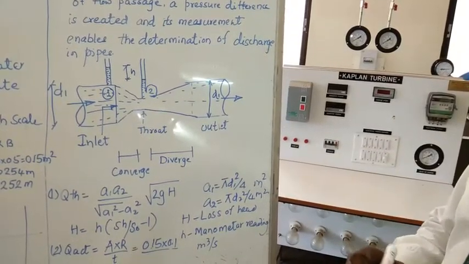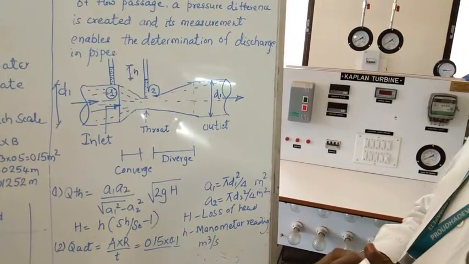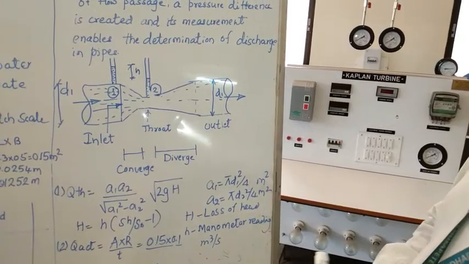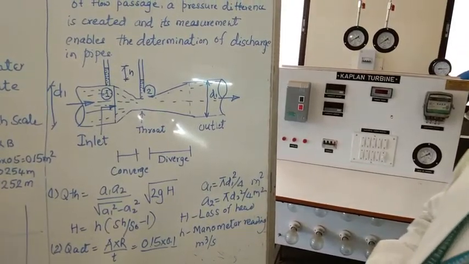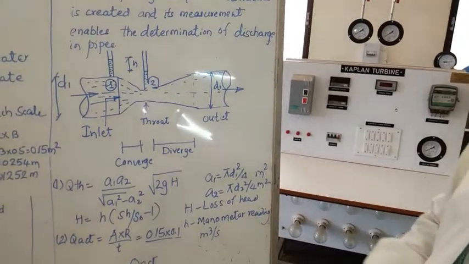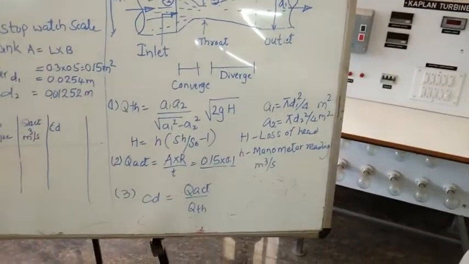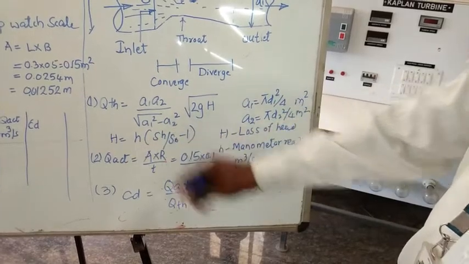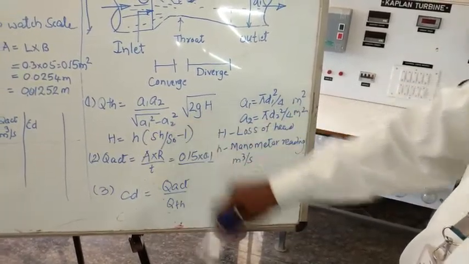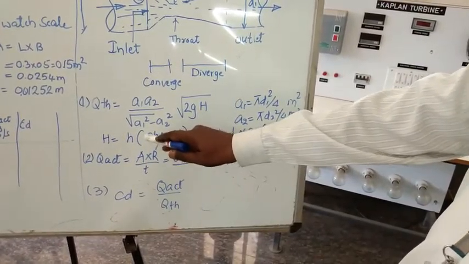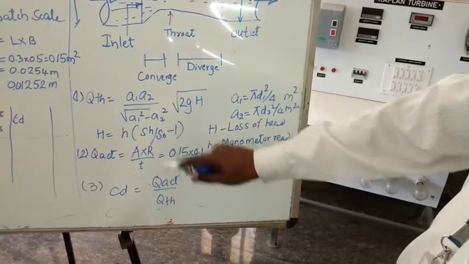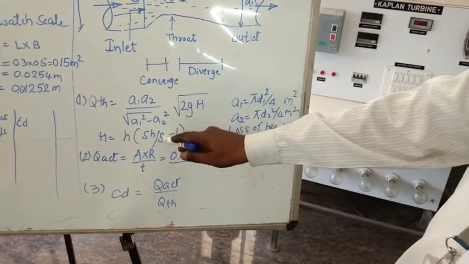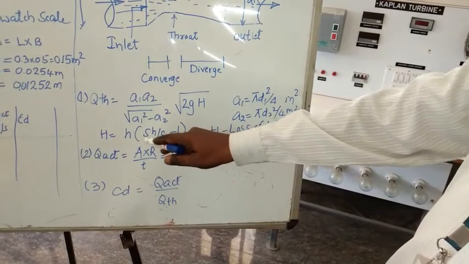Here we are using mercury in the U-tube manometer. I have given the formula to convert the difference in head of the mercury in terms of water, where the heavy liquid is mercury with specific gravity SH, and the light liquid is water.